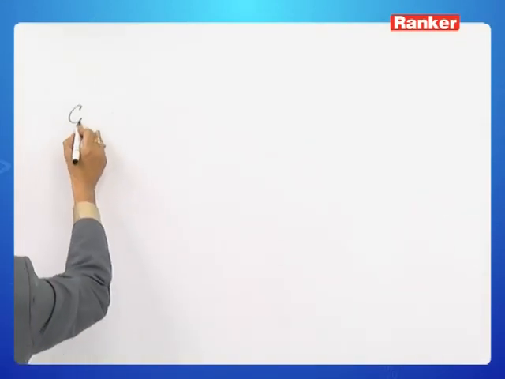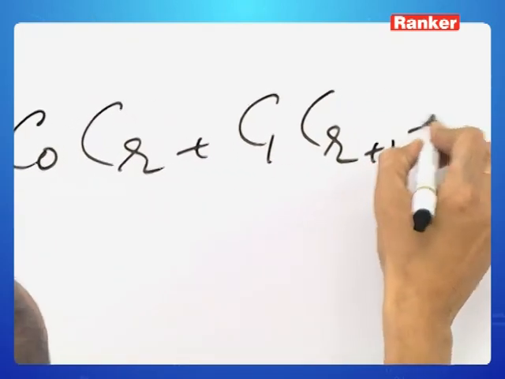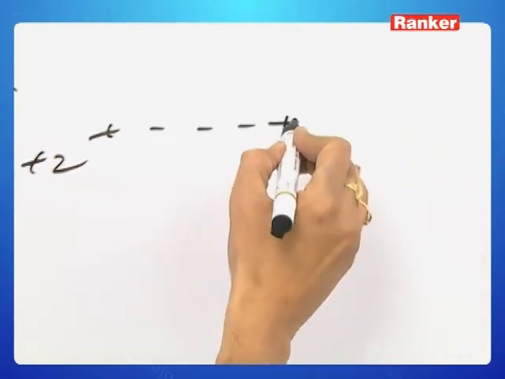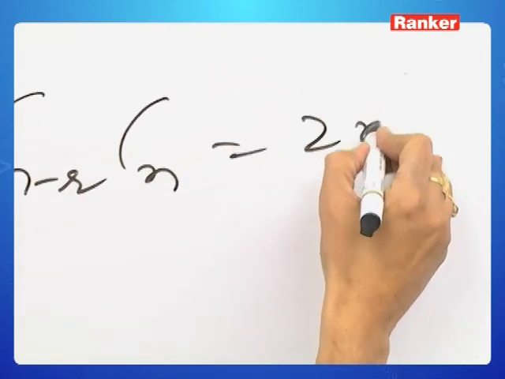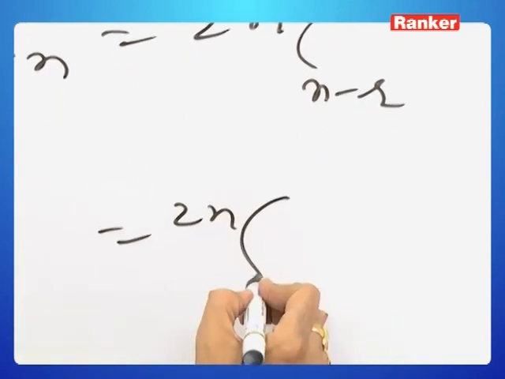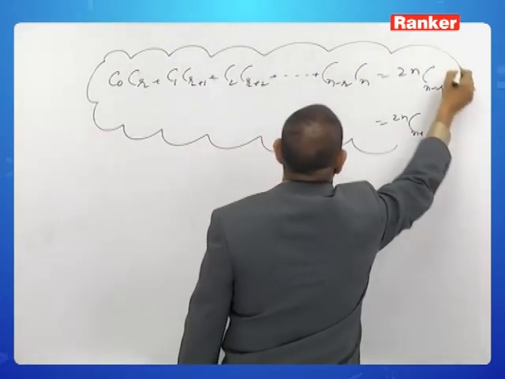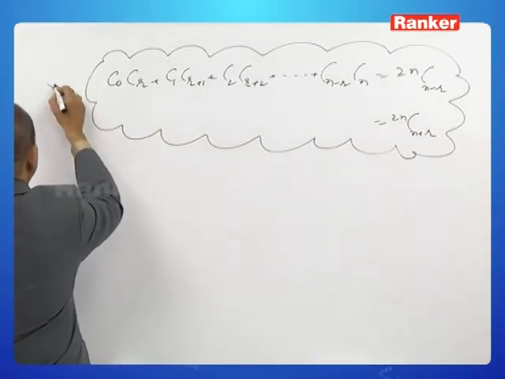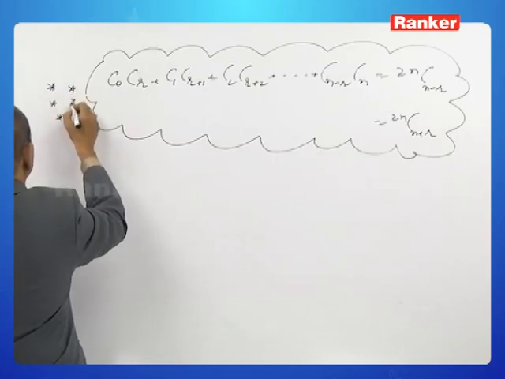You please observe this: C0 Cr, C1 Cr plus 1, C2 Cr plus 2 and so on, Cn minus r Cn is equal to 2n C n minus r, which is equal to 2n C n plus r. Very, very useful, very important also.